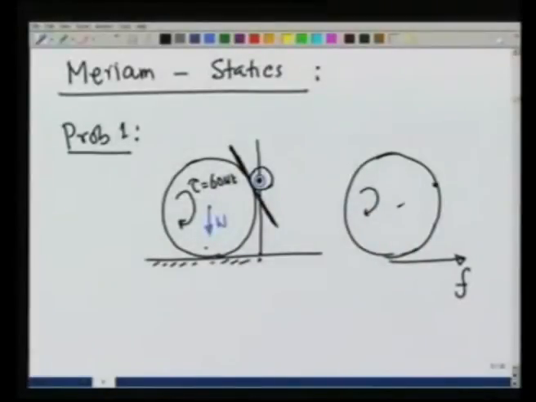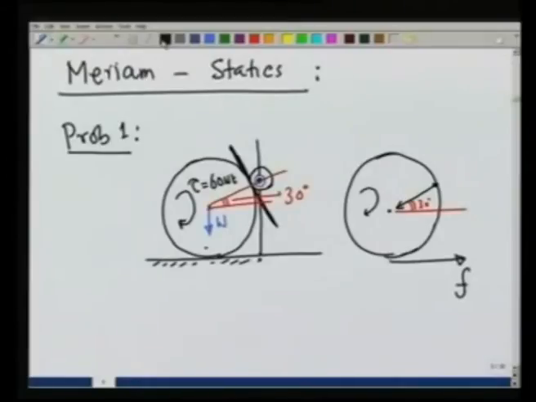If there were a force, this roller would start moving. Therefore, the only force is in the direction perpendicular to the surface and in this direction. We are given that this angle is 30 degrees.